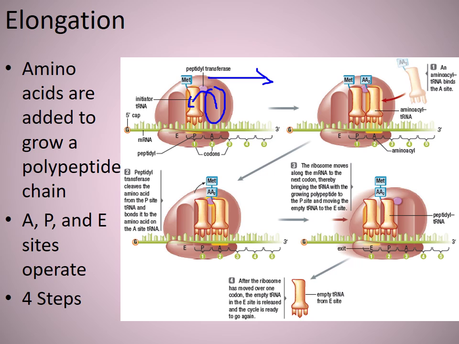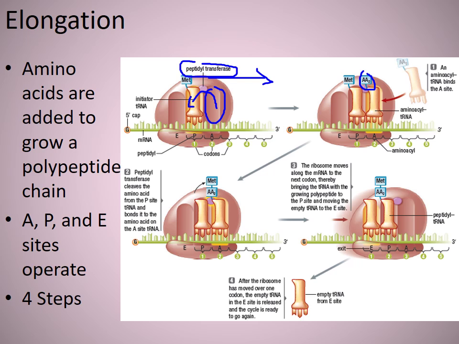So the initial transfer of amino acids occurs from the P site to the A site, and the enzyme that makes this all happen is called peptidyl transferase. Peptidyl transferase will take the amino acid on the P site and attach it to the tRNA, which has another amino acid in the A site.